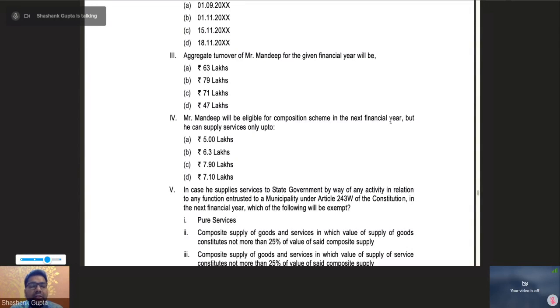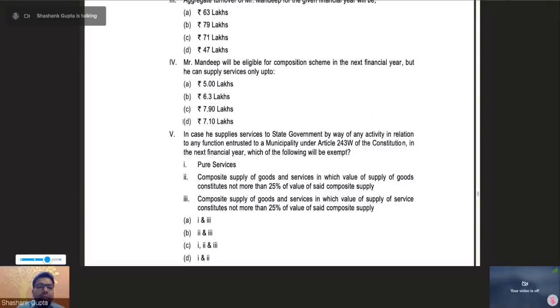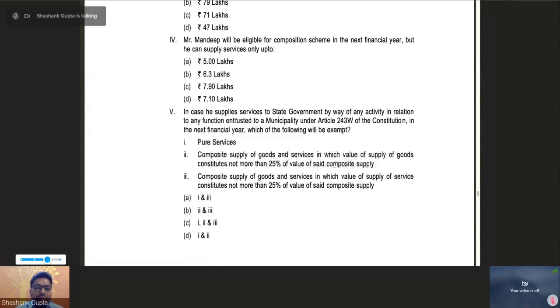That any composition taxpayer can supply services up to rupees 5 lakhs or 10% of the aggregate turnover in the preceding financial year, whichever is higher. So, what will be the 10% of turnover? 10% of turnover will be 7 lakh and 10,000. So, the answer would be the D option, that is 7 lakhs and 10,000.